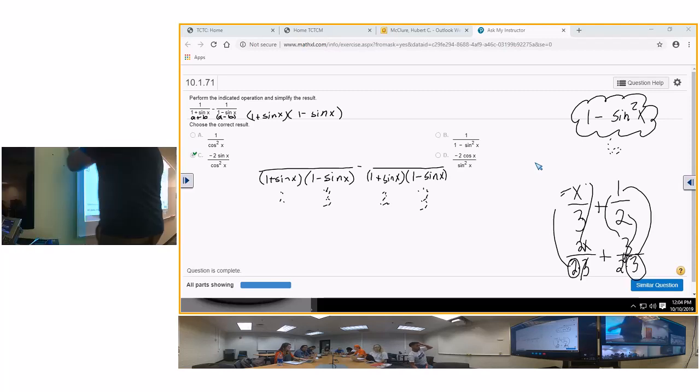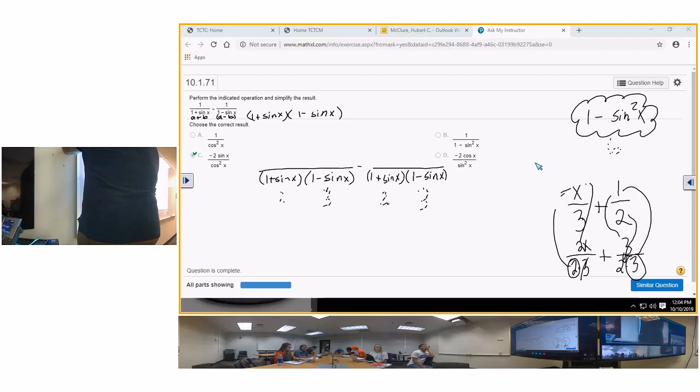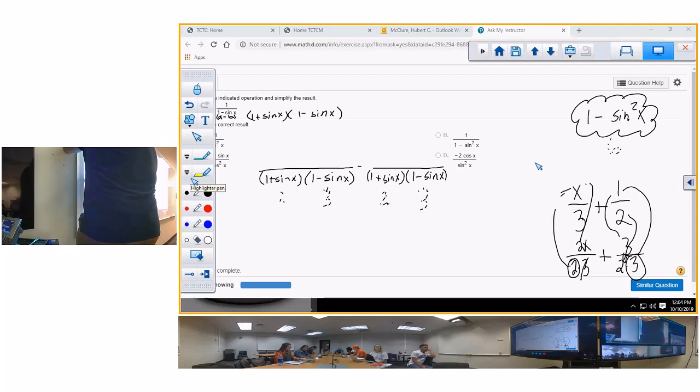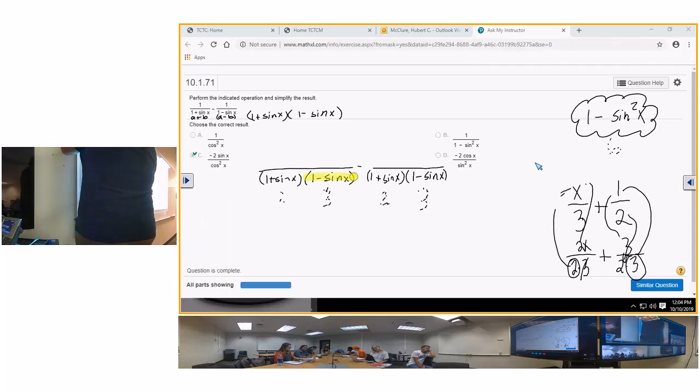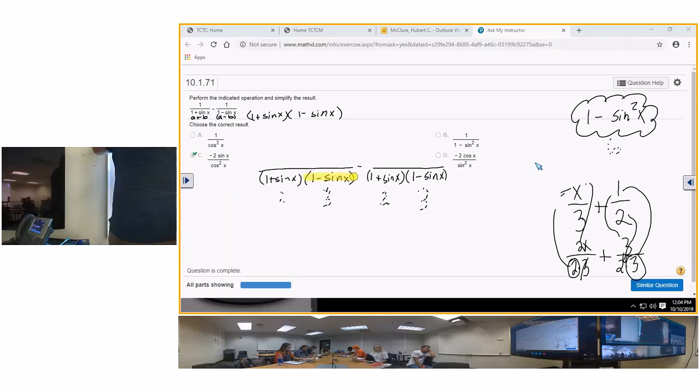How many times will 1 plus sine of x go into this? 1 minus sine of x. So what's 1 minus sine of x times 1? 1 minus sine of x.